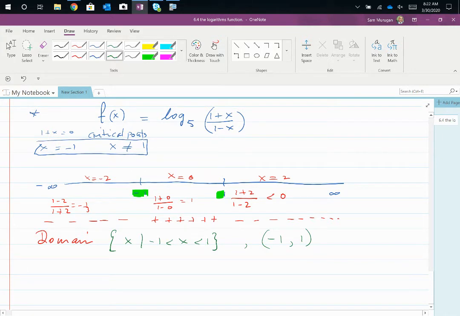Okay? Remember, this interval is the region -1 to +1. This is the interval -infinity to -1. And this is the interval from 1 to +infinity.